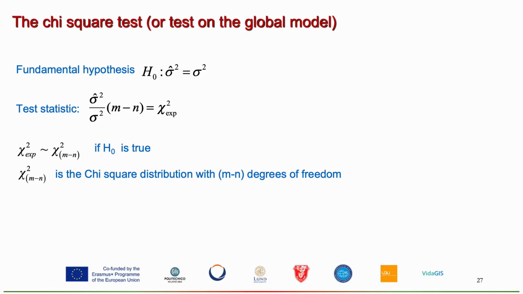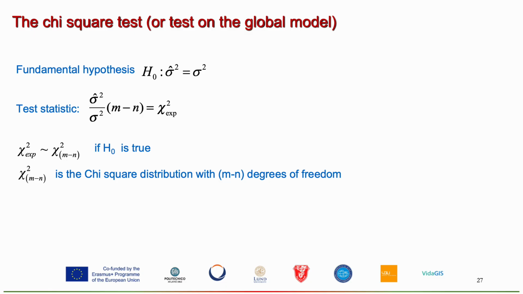The chi-square test is also named test on the global model because indeed it allows us to check the global correctness of the starting model adopted for least squares, and the test on the individual observations is clearly, as the name says, just finalized to identify possible individual outliers in the observations. Let's start with the chi-square test.